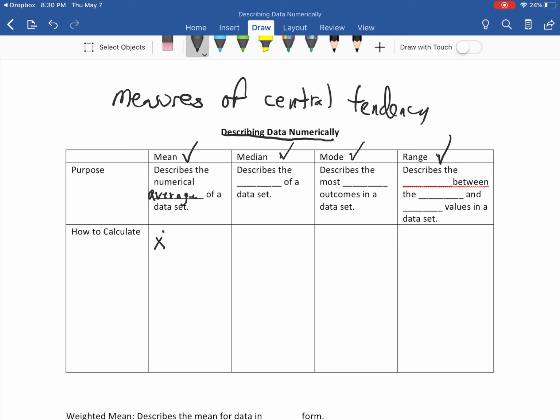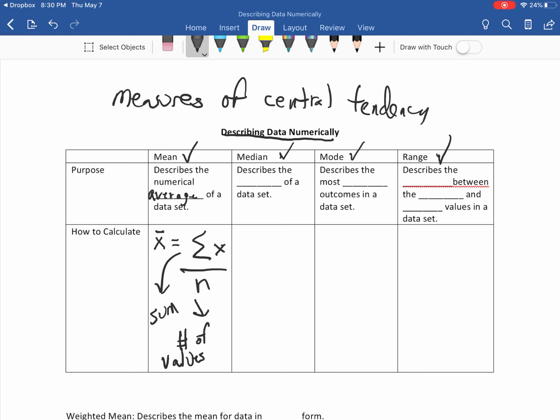The symbol we use for mean is x with a bar over it equals sigma x over n. This is the Greek letter sigma. It doesn't mean anything more than sum. And n is the number of values.